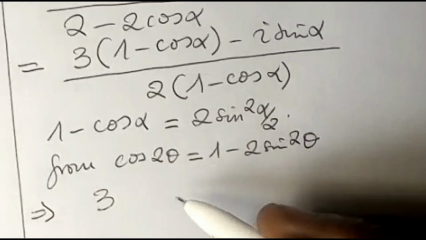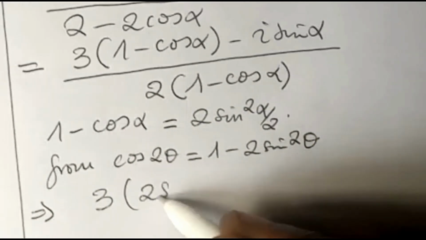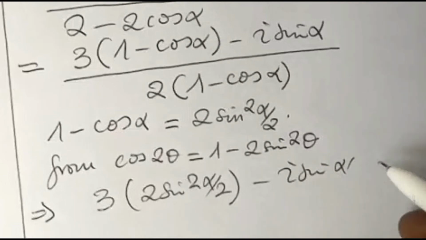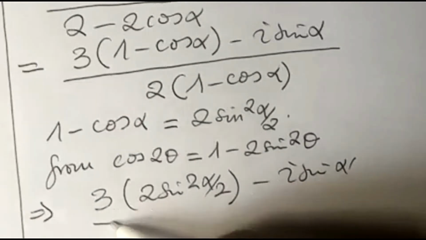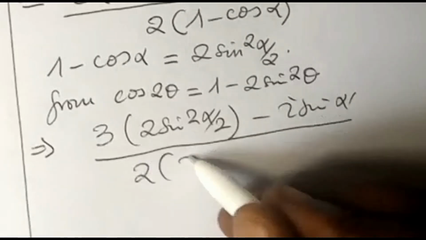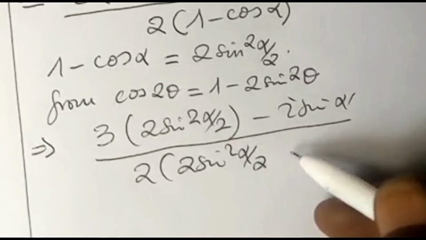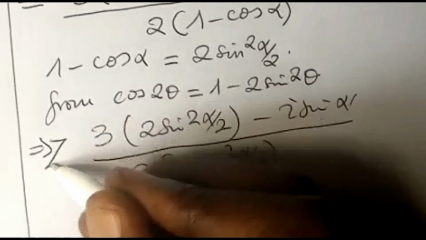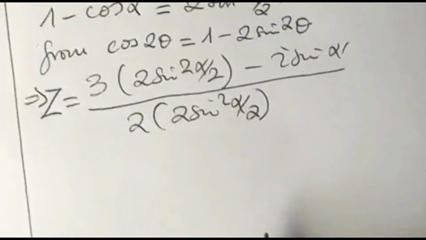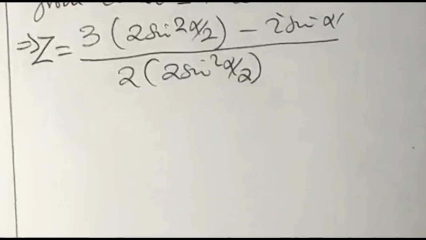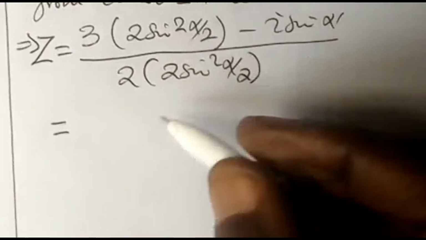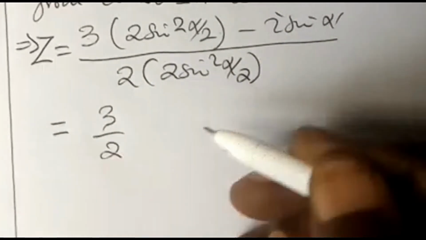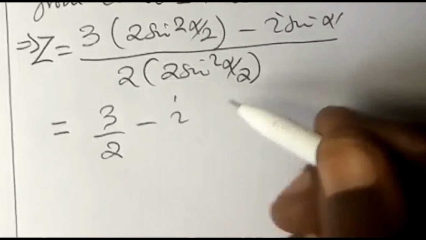3 into 2 sine squared alpha on 2 minus i sine alpha, all over 2 into 2 sine squared alpha on 2. And now I can distribute the denominator. To have this, the real part over the denominator just gives 3 over 2 minus i.